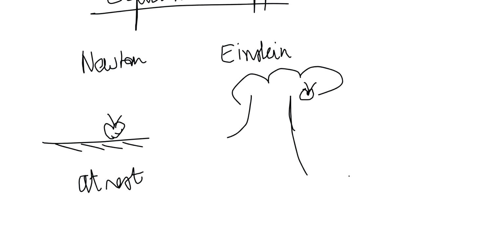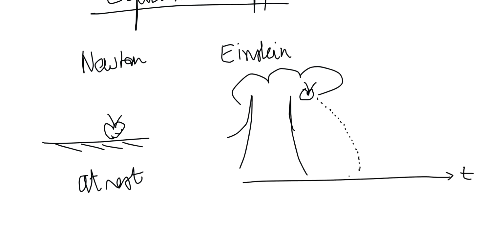Okay, so through spacetime, this is time evolving. We know that at t my apple will be here, and if it's falling at t plus delta t it will be here, and at t plus 2 delta t, etc.